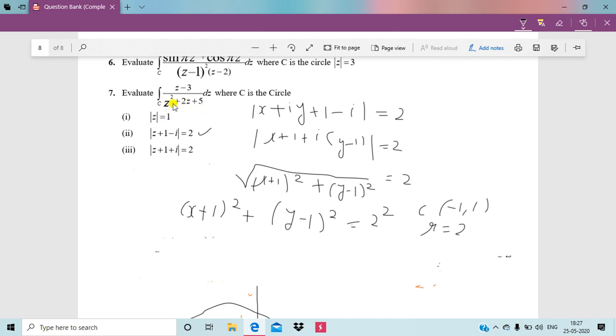So we have to solve this equation: z square plus 2z plus 5 is equal to 0.